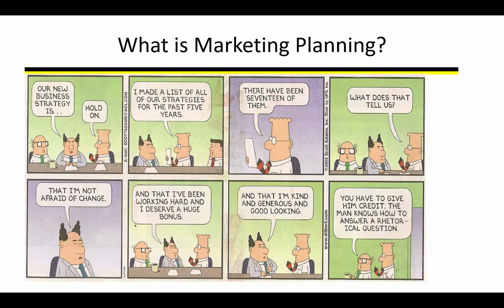But the moral of this story is you will not be able to manage 17 strategies within 5 years. Too much change is also not good for an organization. If you want to implement one strategy and get results, you'll have to wait at least 1 year.